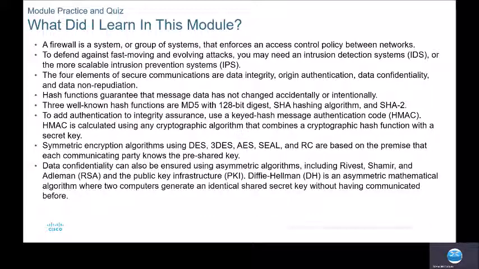Symmetric encryption algorithms using DES, 3DES, AES, SEAL, and RC are based on the premise that each communicating party knows the pre-shared key. Data confidentiality can be ensured using asymmetric algorithms like RSA and PKI. Diffie-Hellman is an asymmetric mathematical algorithm where the two computers generate an identical shared key without having communicated before.